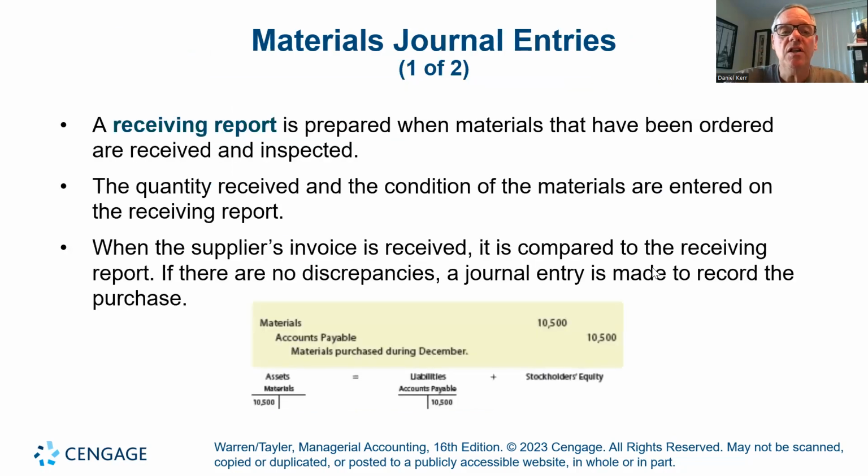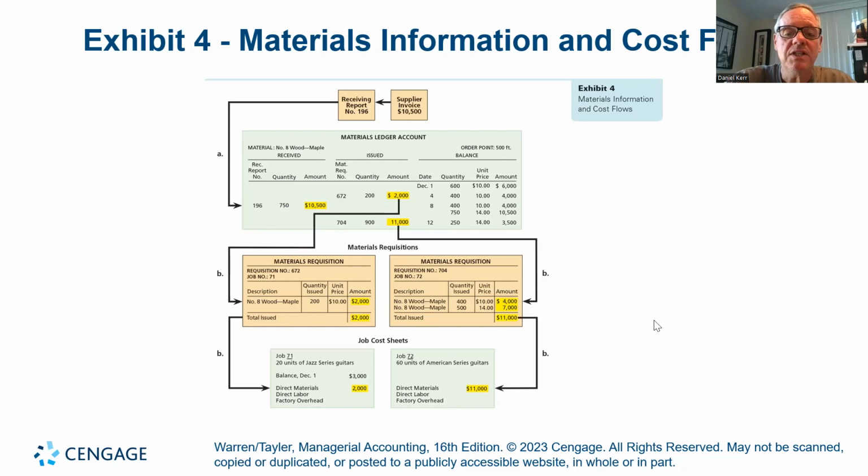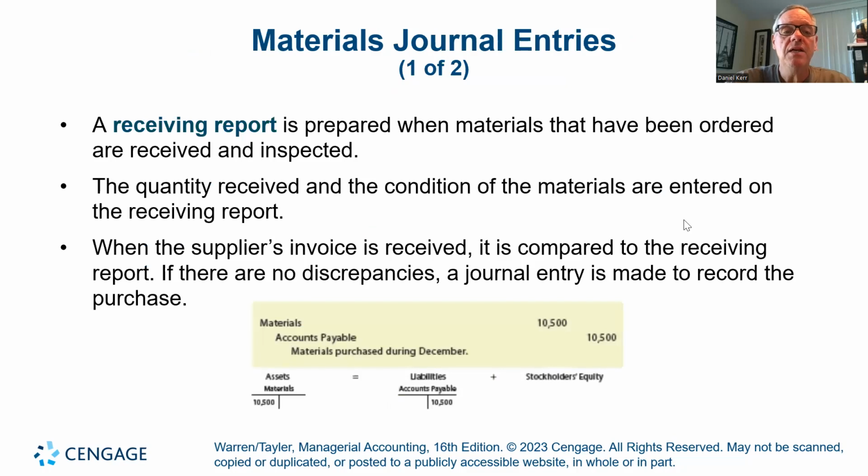So there are journal entries that we make. Let's take the $10,500, which was the purchase of the materials. Back when we took financial accounting, when we increase an asset, we debit it. Raw materials is an asset account, so we're going to be debiting raw materials.